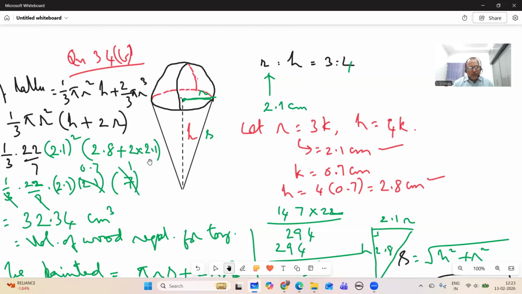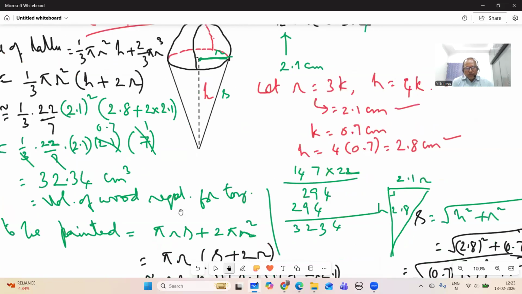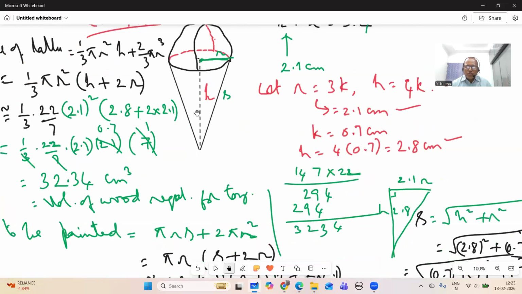Once we know R and H, we can calculate the volume of the cone, which is 1/3 pi r square H, and the volume of the hemisphere is 2/3 pi r cube. You simplify this. You know R value to be 2.1 and H is obtained as 2.8, and substitute them and simplify. So that gives the volume of the wood required to make this toy.